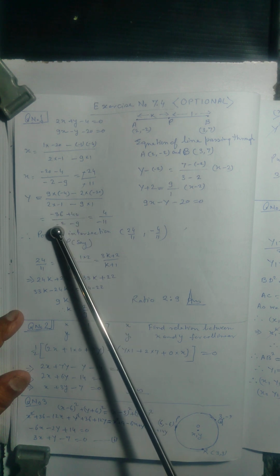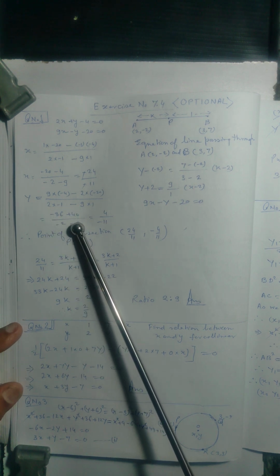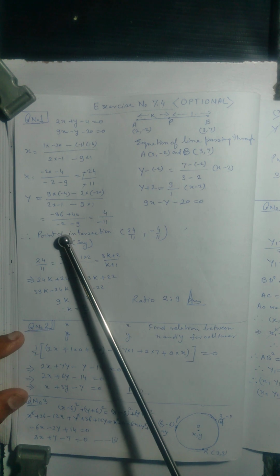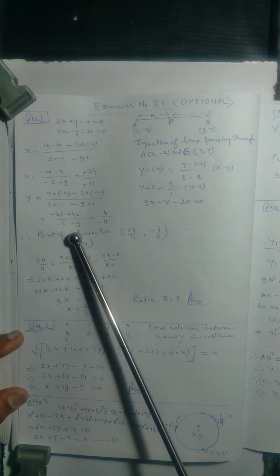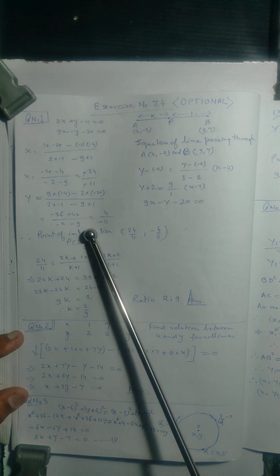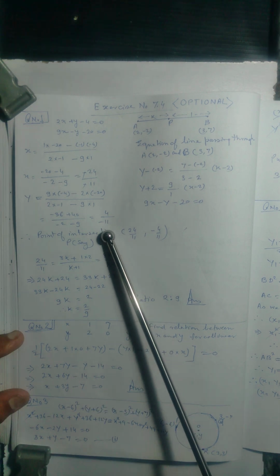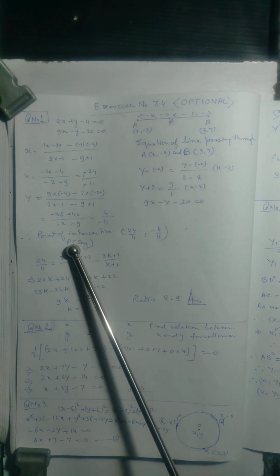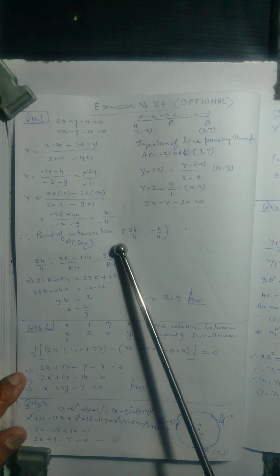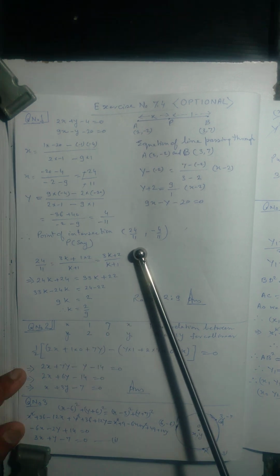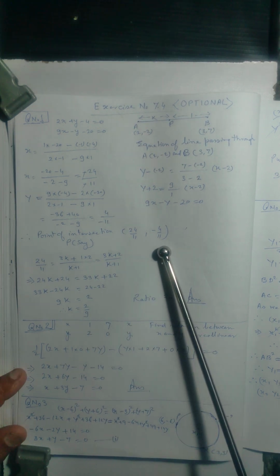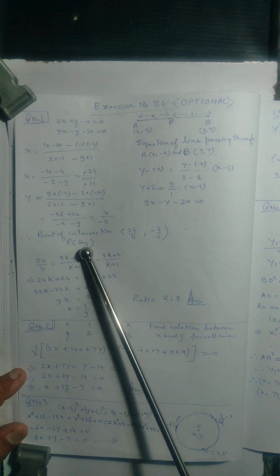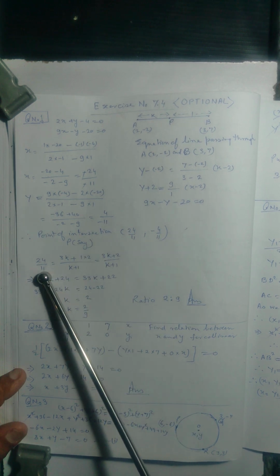Solve it, you will get (minus 36 plus 40) upon minus 11, that will be equal to minus 4 by 11. So the point of intersection will be (24 by 11, minus 4 by 11). Say the point of intersection is P.